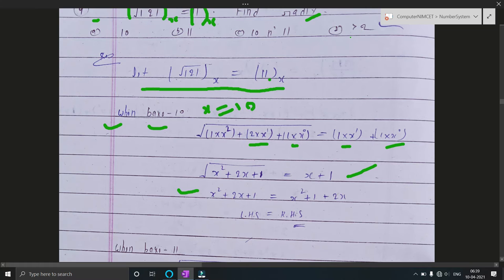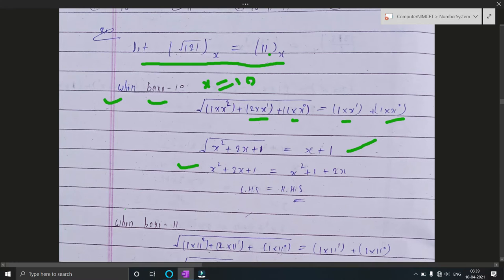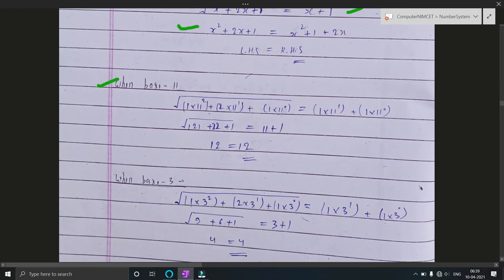But here the options are base 10, base 11, 10 and 11, and greater than 2. So these confusing options are given. Let's check for any other base. If base is 11, first convert that equation into decimal form: 1 into 11 power 0, 2 into 11 power 1, and 1 into 11 square. Similarly for RHS, 1 into 11 power 1, 1 into 11 power 0.